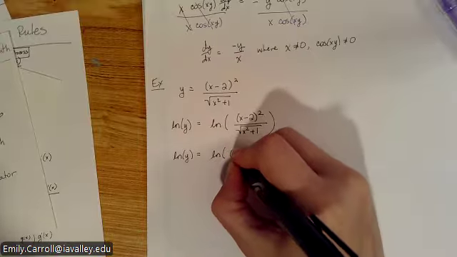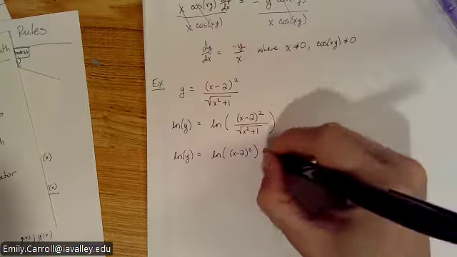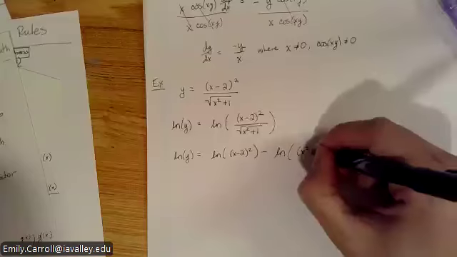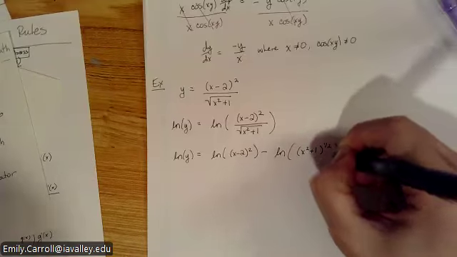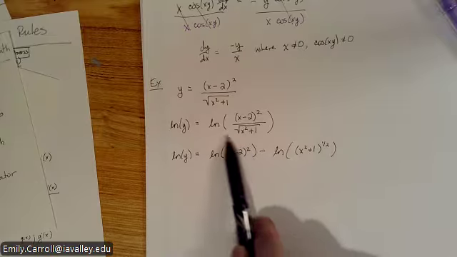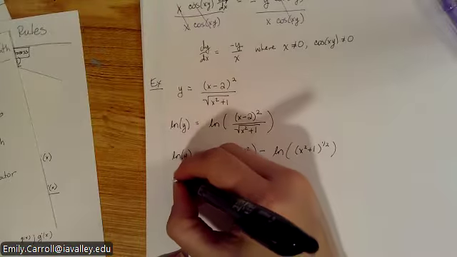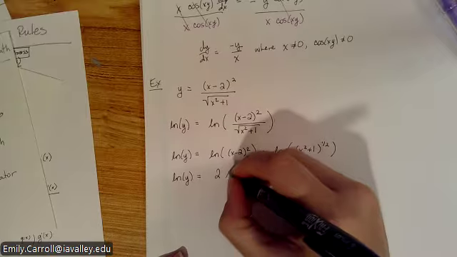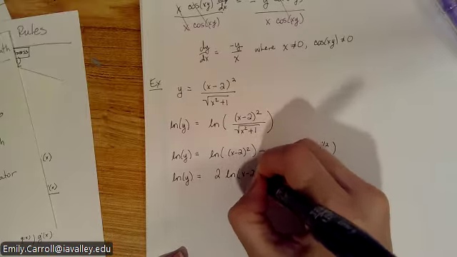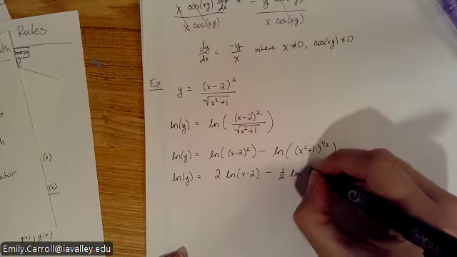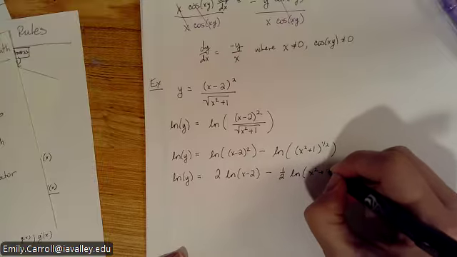Ln of x minus 2 squared minus ln of, and I'm going to choose to write this square root as a 1/2 power. All right. What else happens? Exponents become coefficients. So equals 2 ln of x minus 2 minus 1/2 ln of x squared plus 1.